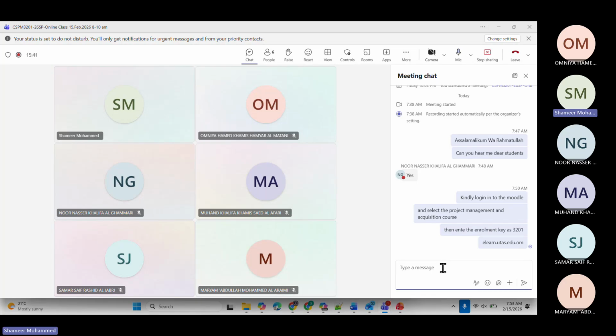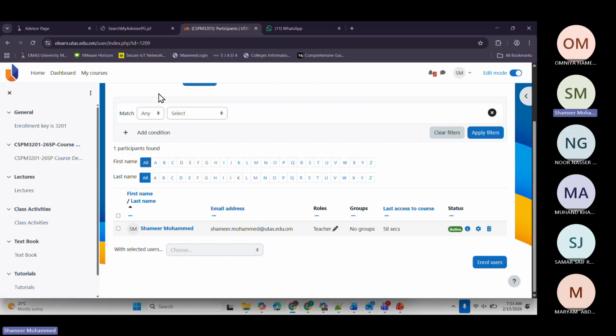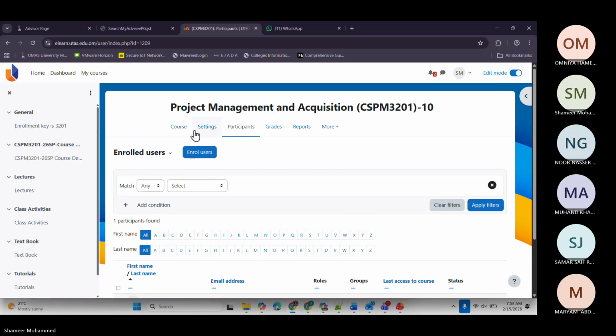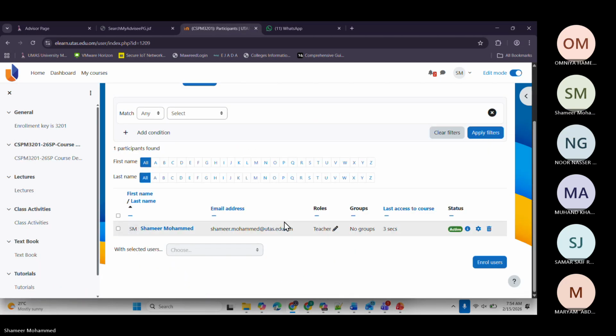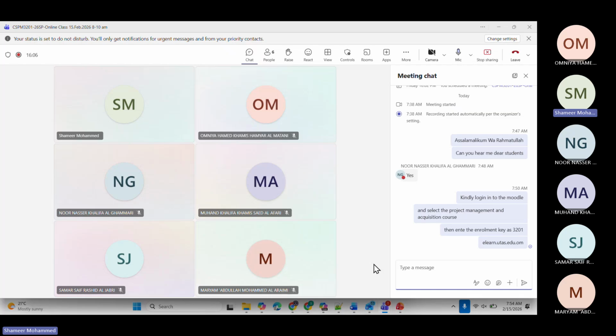Then enter the key 3201. Are you able to log in? Please let me know, students. Are you able to log in into Moodle or not?